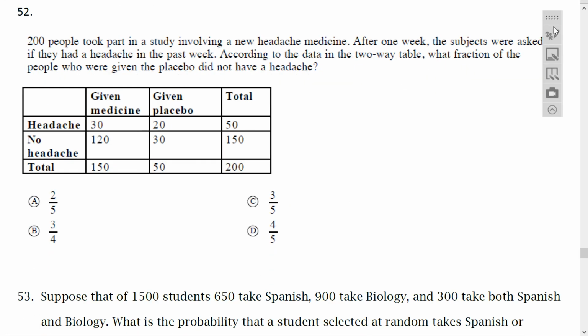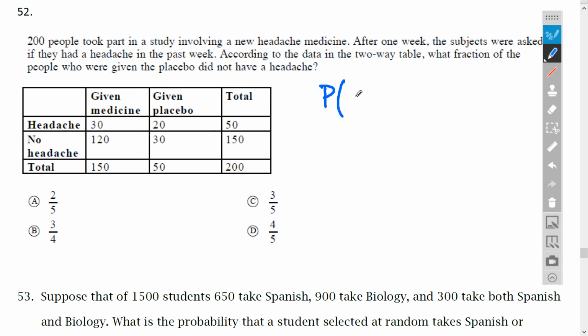Number 52, 200 people took part in a survey. After 1 week, they were asked if they had a headache in the past week. According to the data in the two-way table, what fraction of the people who were given placebo did not have a headache? So this is the probability that they have no headache given that they were given the placebo.